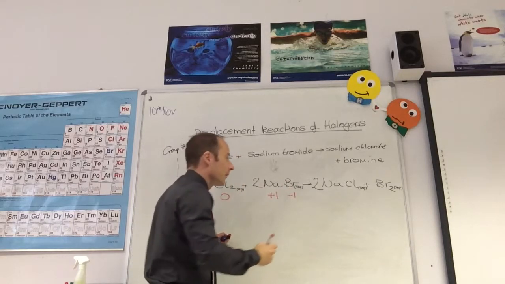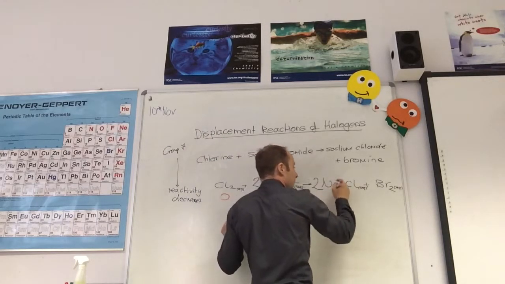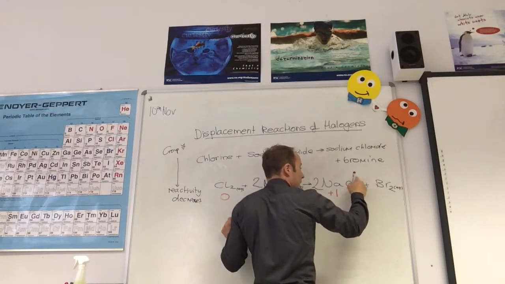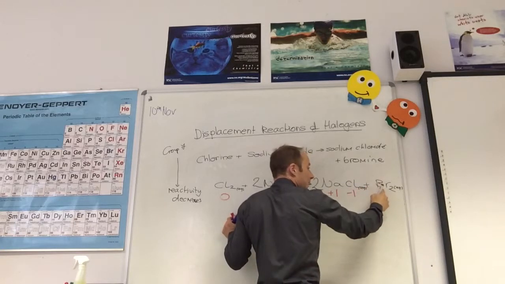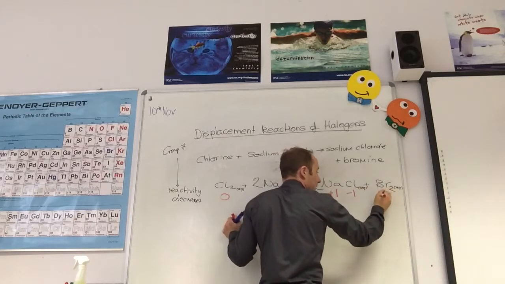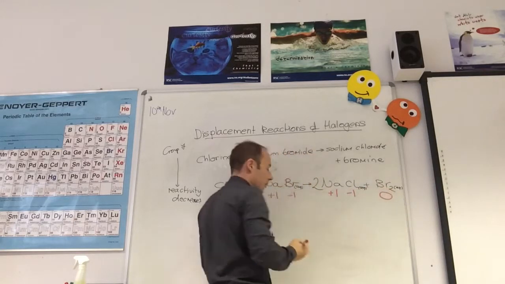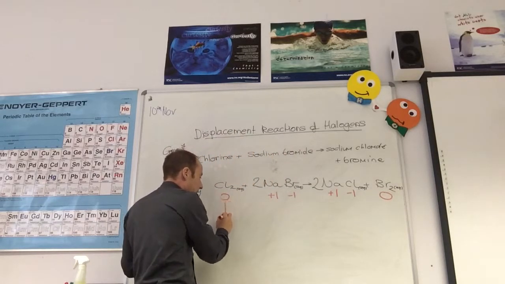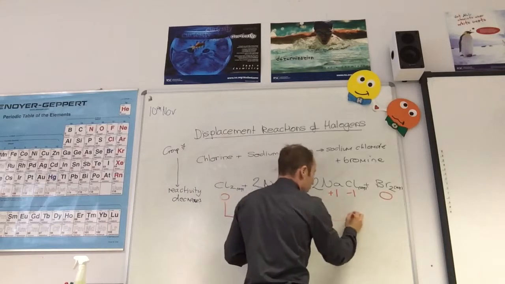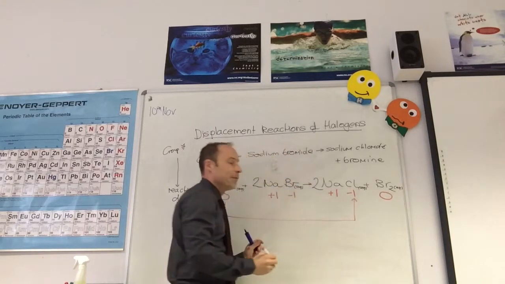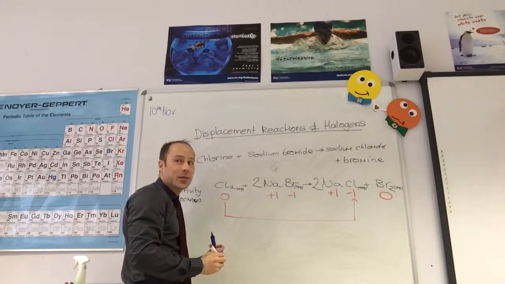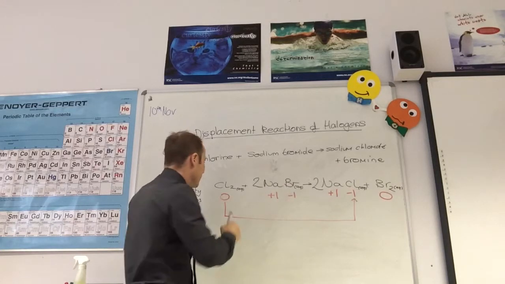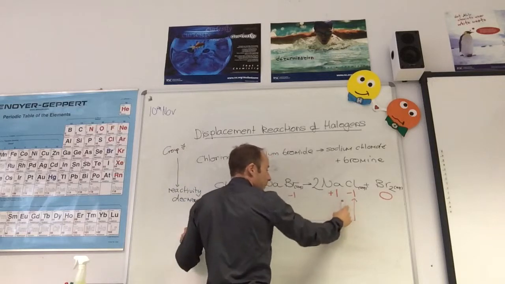What about Na+? +1. Chloride is -1, and bromine as an element is 0. So what's happened to chlorine? Chlorine's gone from 0 to -1. So 0 to -1, what's happened to my oxidation number?